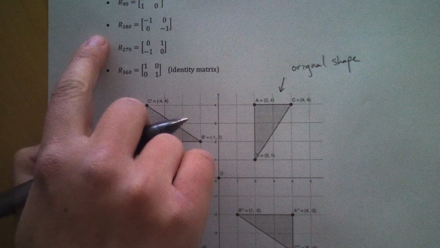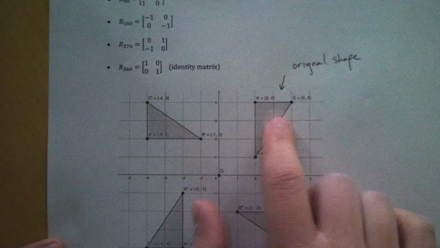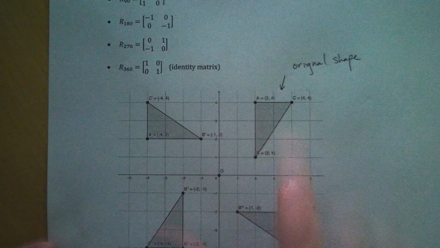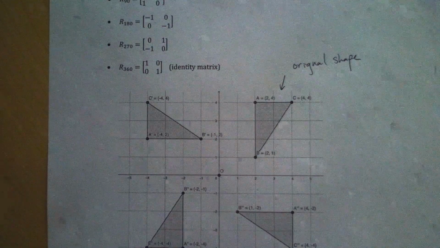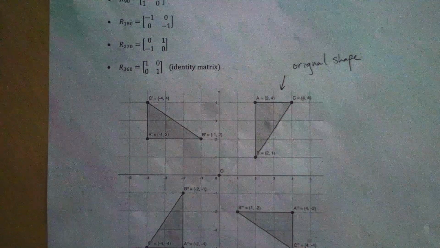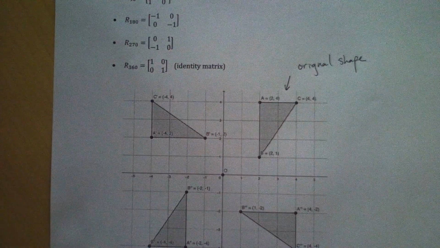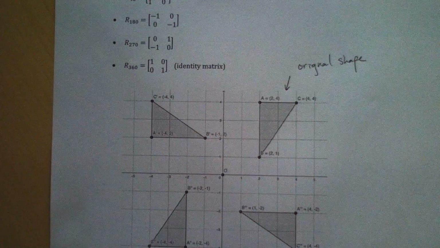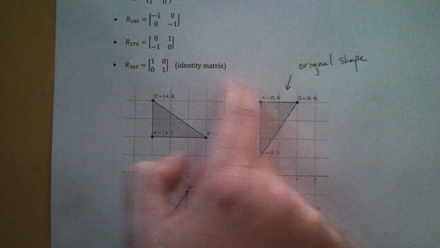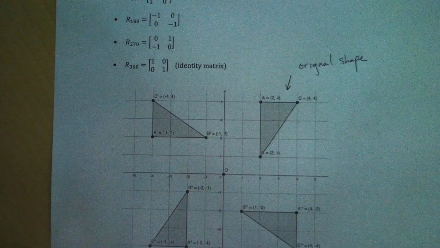So this is our original shape. If we rotate it 90 degrees, which of those do you think it's going to end up as? Single prime, double prime, triple prime? The single prime, right? Because a positive 90 means we're going counterclockwise, in this direction. And what's nice about a coordinate plane like that is those are all 90-degree corners.